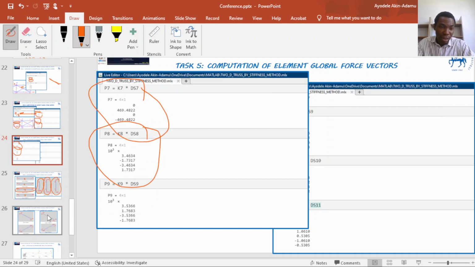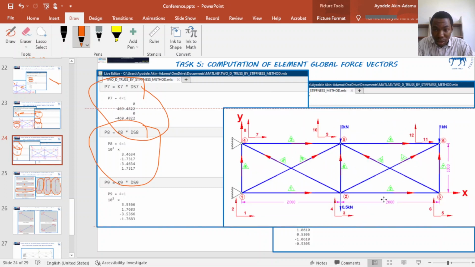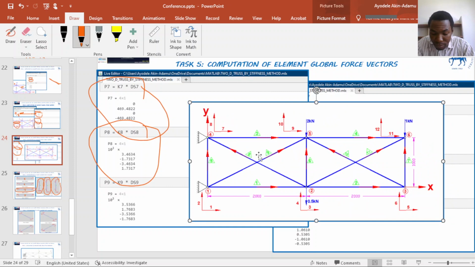Element 8, let me try to explain this. Element 8 is given by this. This is element 8, and because the arrow is pointing from node 2, the numbering is 3, 4, 7, 8.